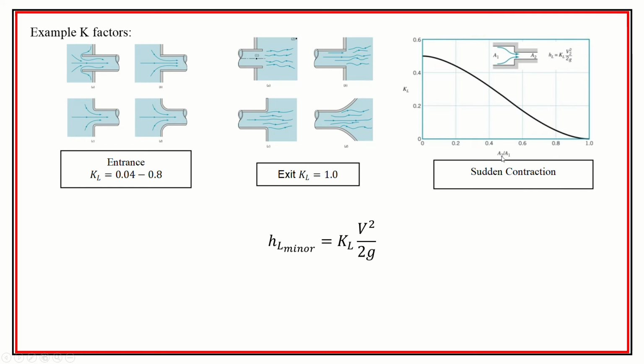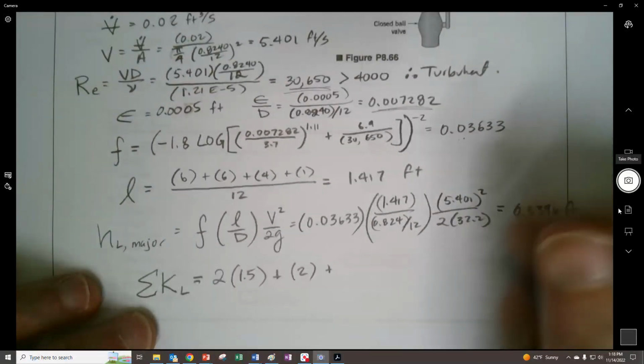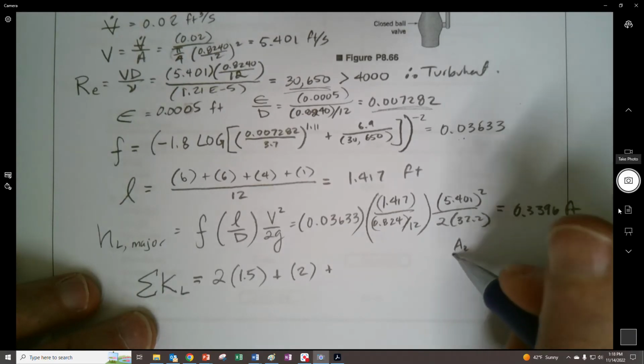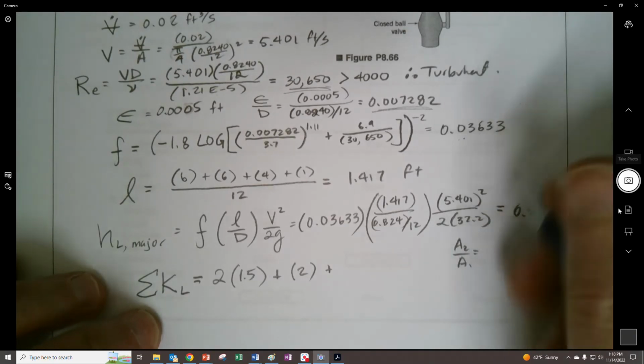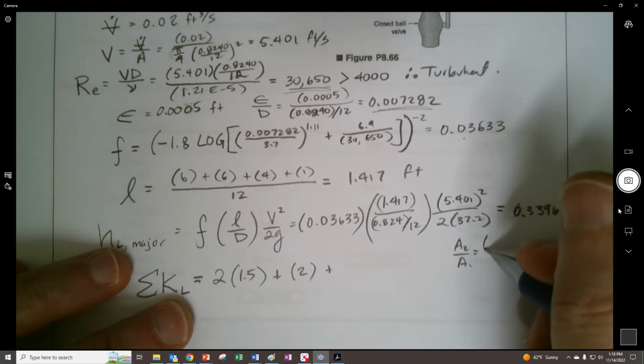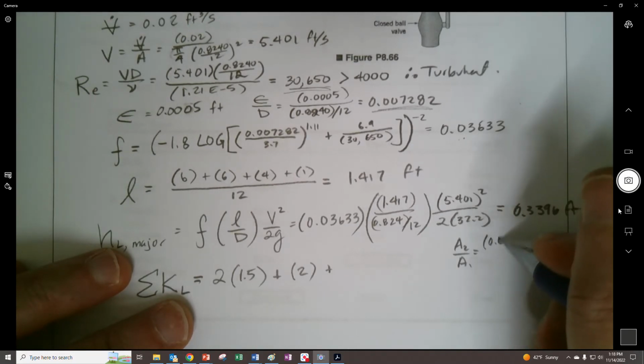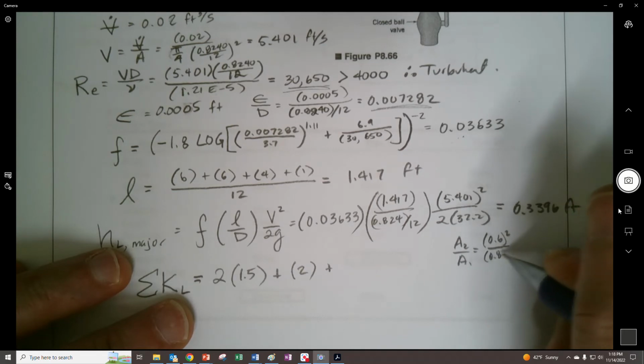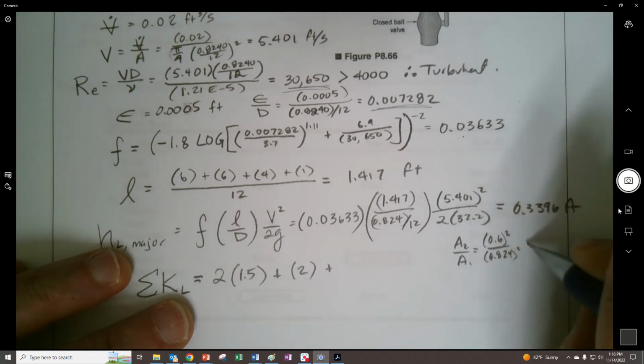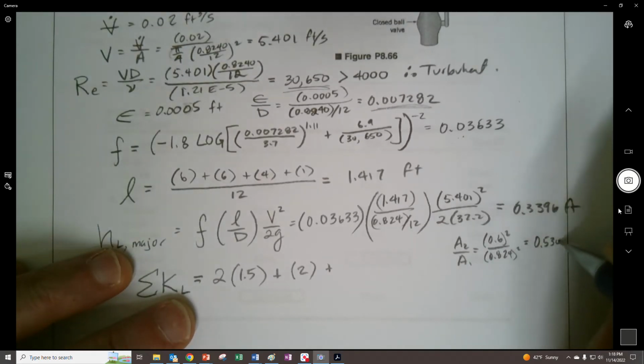And so we went to A2 over A1. I'll write it over to the side, A2 over A1. And we don't need to change units or even use the pi over 4. We're just going to go 0.6 squared over 0.824 squared. And we end up with something like 0.5302.